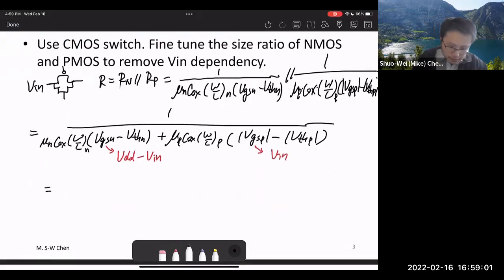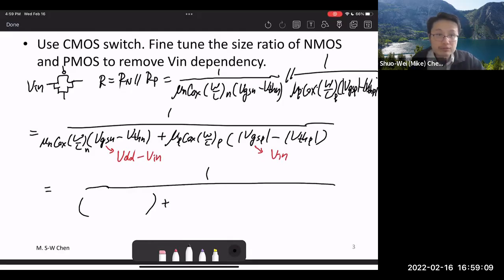Okay, so it ends up that you're gonna get something which I'm not gonna rewrite, but I would like to focus on the term related to V in, right? Because I have a V in VGSN, I have a V in VGSP.